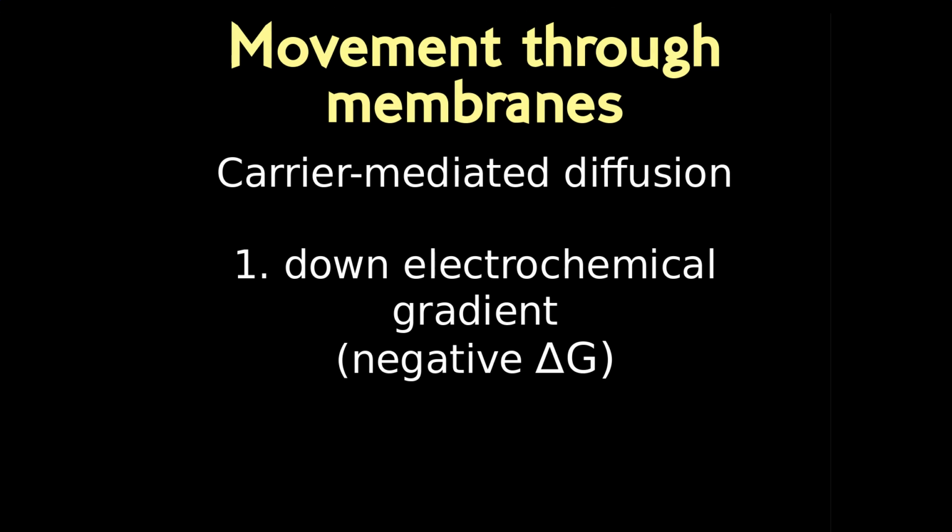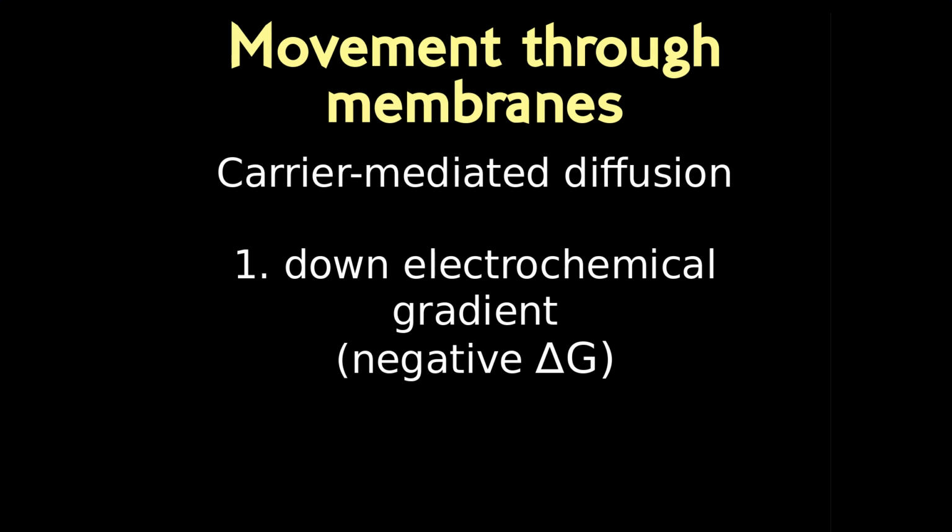Which means that the G here is going to be higher than the G here. So this transport can have a negative delta G if the place that the substrate ends up is a lower concentration of that substrate than where it started out. Does that make sense?